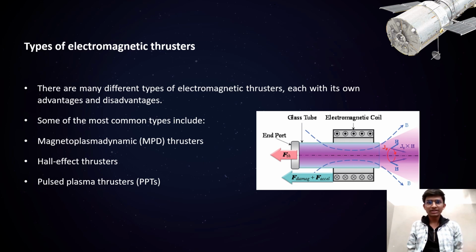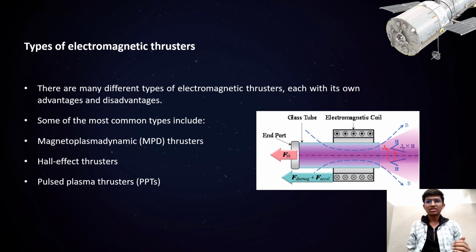They are relatively simple and efficient, but they can be prone to erosion of the electrodes. Hall effect thrusters use a separate magnetic field to confine the plasma. They are more efficient than MPD thrusters and less prone to erosion, but they are also more complex.